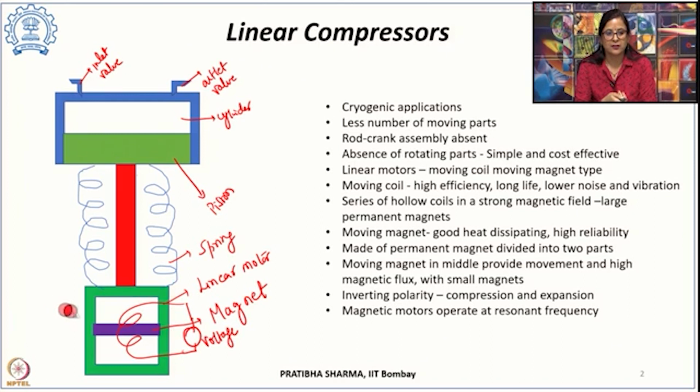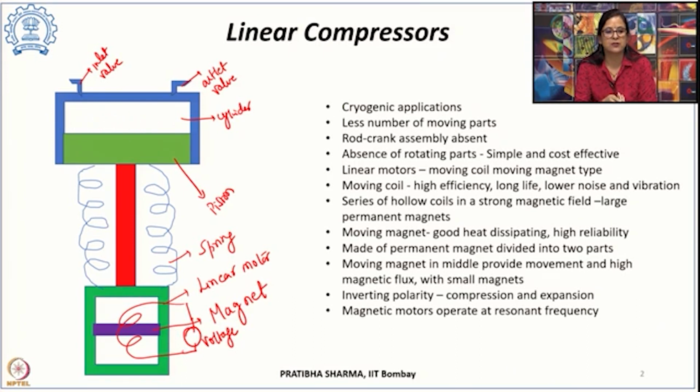So, as there is a polarity change, we can achieve the compression or expansion with the change in polarity in this linear motor, in the voltage which is supplied to these coils. So, the compression and suction stroke is provided by means of this coupling through the spring, and by inverting that polarity, we can have the compression and expansion of the gas in the compression chamber.